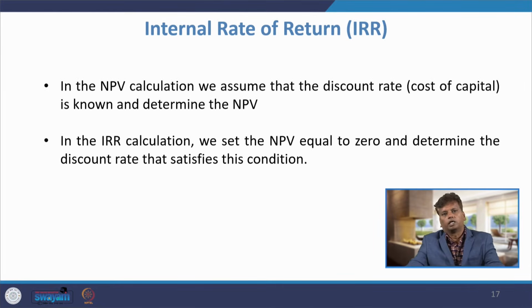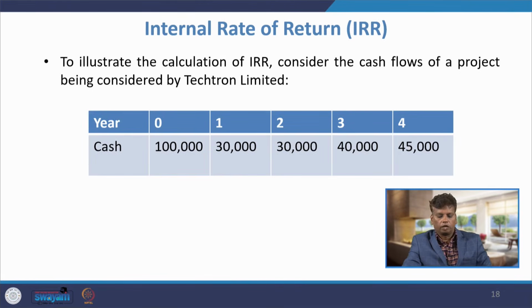In the NPV calculation, we assume that the discount rate is known and we determine the NPV. In the IRR calculation, we set the NPV equal to 0 and determine the discount rate that satisfies this condition. This is the connection between NPV and IRR. To illustrate the calculation of IRR, consider the cash flows of a project being considered by some company.